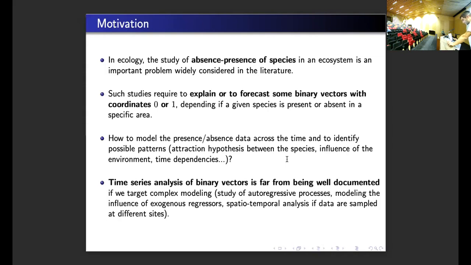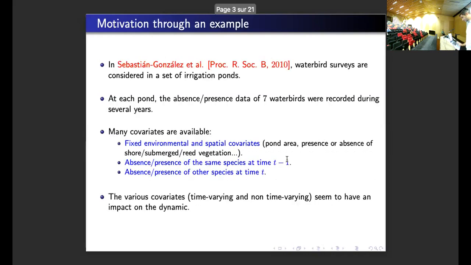The main point is that time series analysis is not so common for this kind of data, so we don't have a lot of models for this, especially if we want to combine data that are collected across time and, at the same time, across several observation sites.